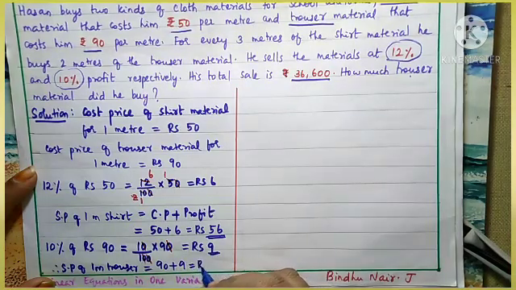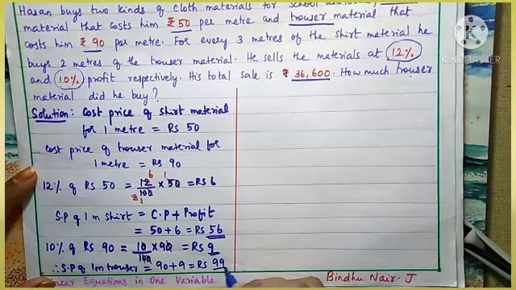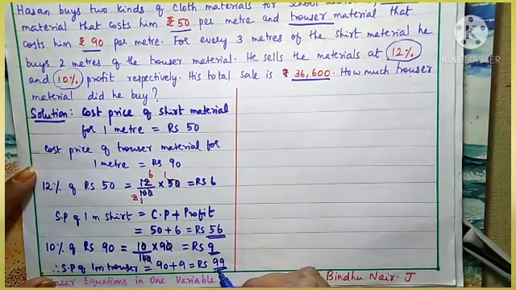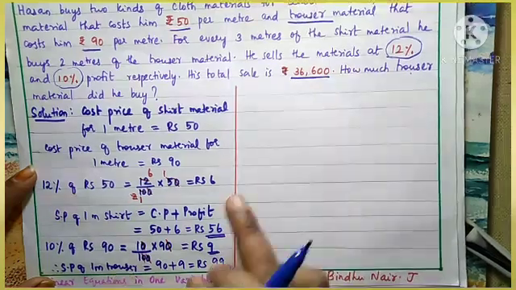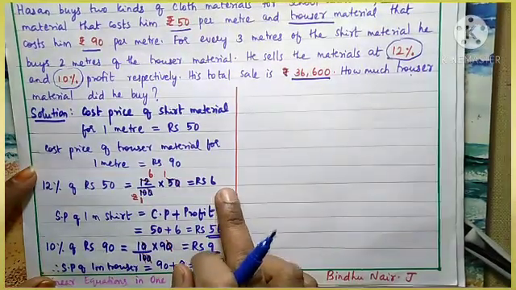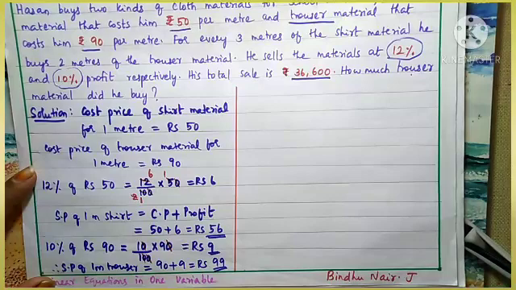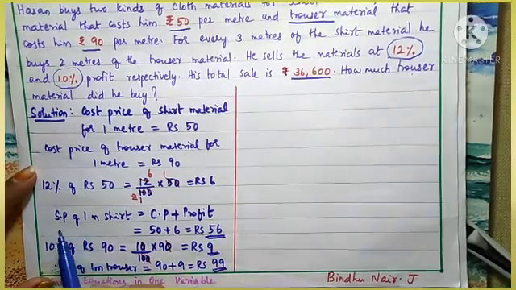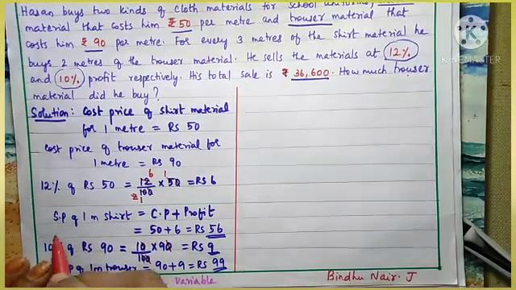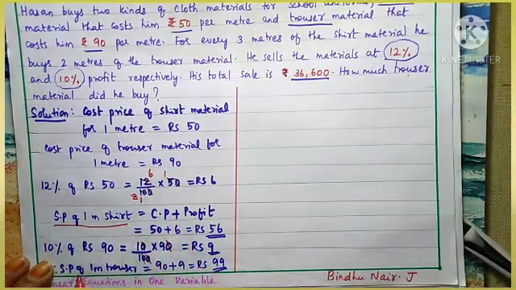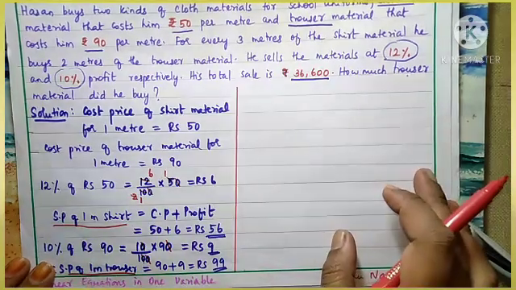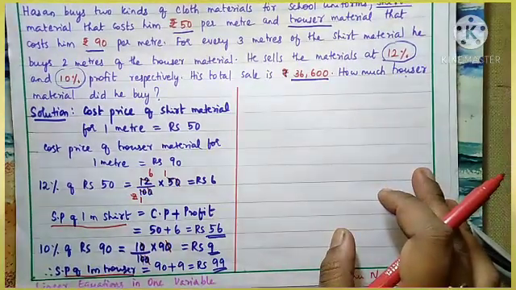So that is equal to rupees 99. So he is getting 9 rupees more for trouser material and 6 rupees more for shirt material. Understood? So thus we calculated selling price of 1 meter shirt and selling price of 1 meter trouser. Up to this understood? Okay.